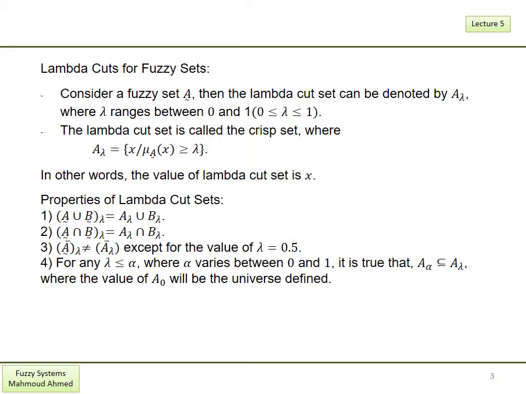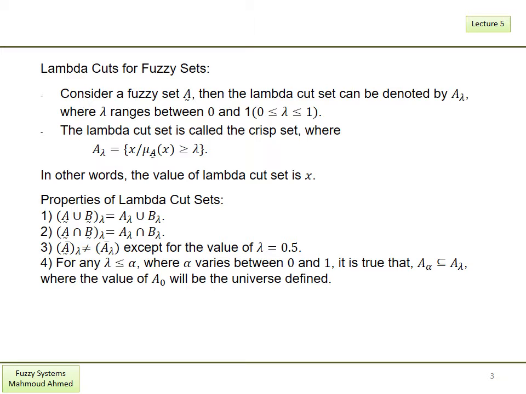And this can be represented mathematically for set A lambda as the membership function mu A such that mu A is greater than or equal to lambda. In other words, the value of the lambda cut set is x.